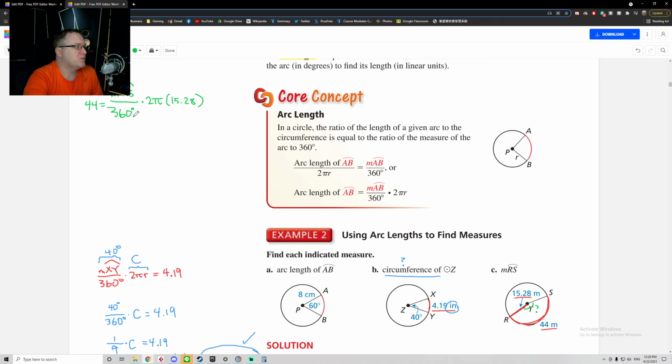So what we're going to do, let's see here. We're going to say 44 times 360, because if we want to get rid of this on the bottom, we have to multiply. So 44 times 360 degrees, and we're going to divide by this, 2 times pi times 15.28.